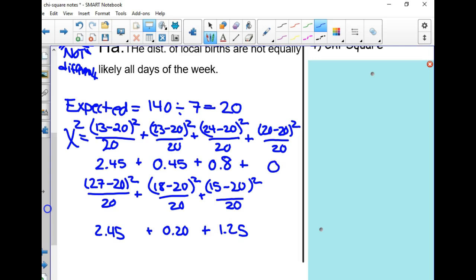So let's add those up right now in your calculators. People have your calculators out. 2.45 plus 0.45 plus 0.8 plus 2.45 plus 0.2 plus 1.25. 6.6, did anyone else get 6.6? 7.6?